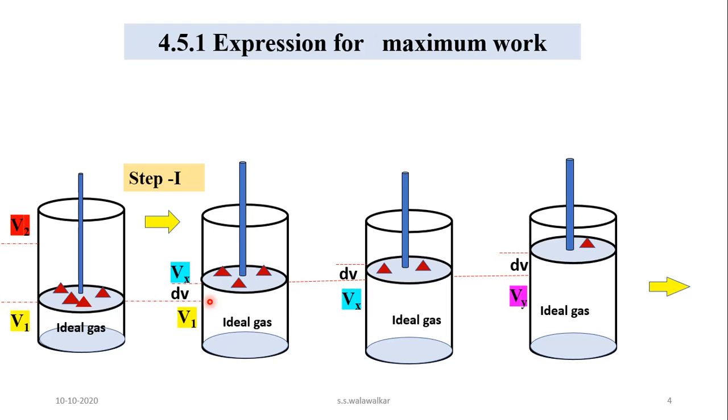A very small change takes place, and V1 changes to Vx by removing 1 gram from the piston. This is the first step. In the second step, if you again remove 1 gram from the piston, the volume Vx is increased by dV, a small change in volume takes place.